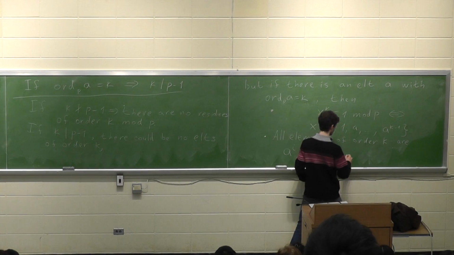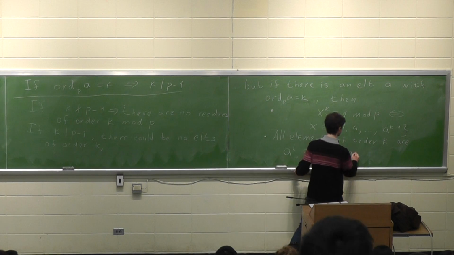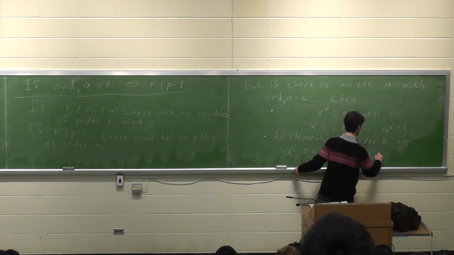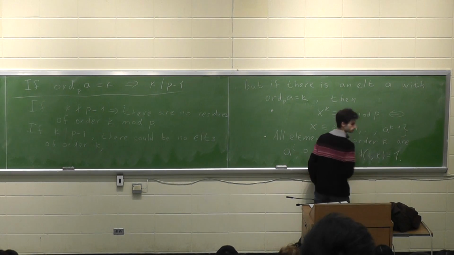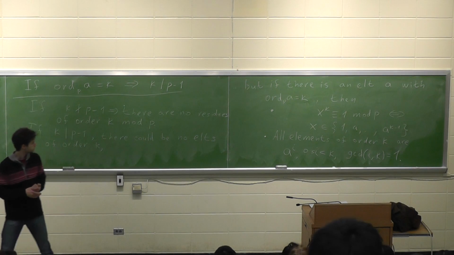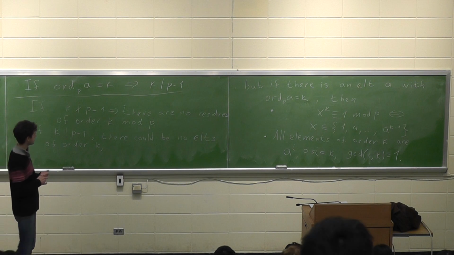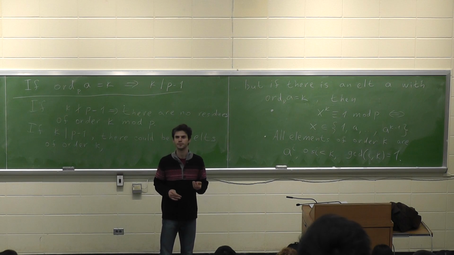And if I want the order of this element to be exactly k, then the power i and k should be relatively prime, gcd(i, k) equal to 1. So that's the result that we discussed last time.